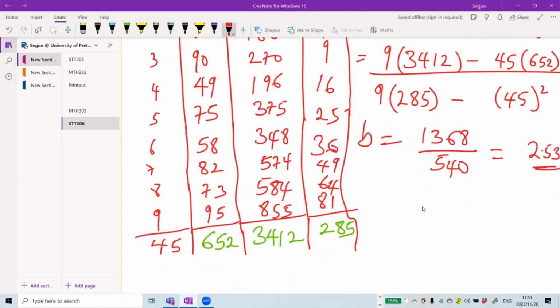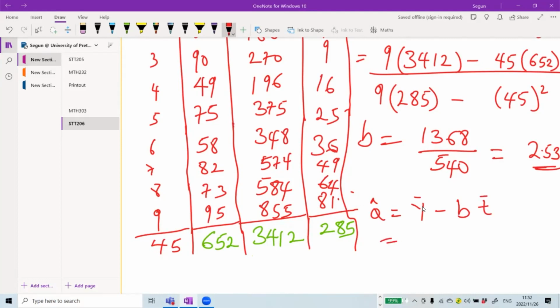So we have B. We can go ahead and substitute for A. What is our A now? Our A cap, let me write it out. A cap means Y bar minus B T bar.